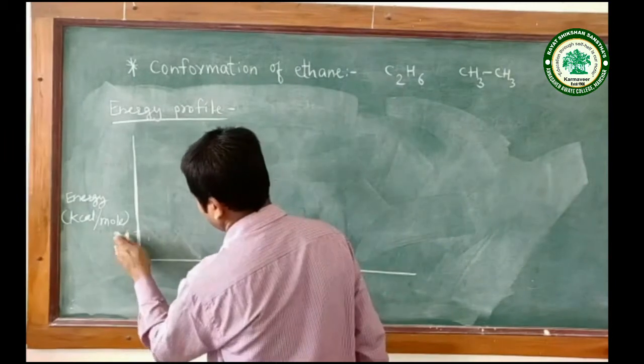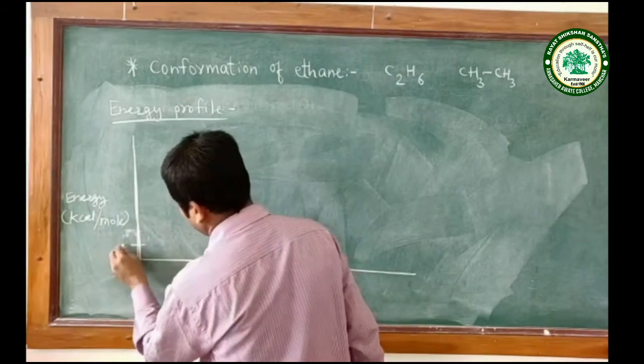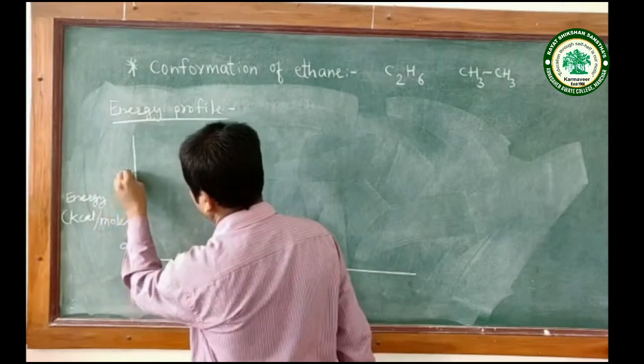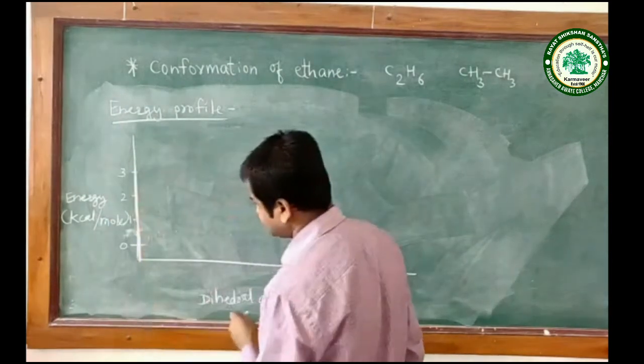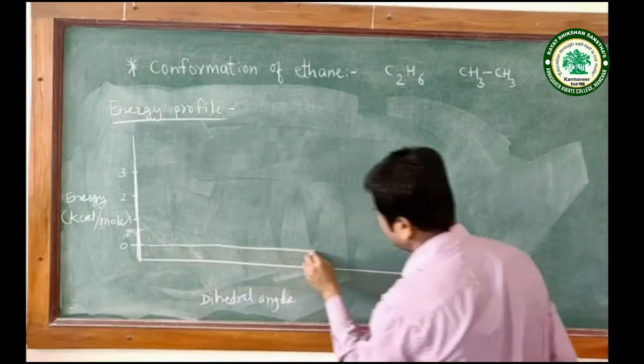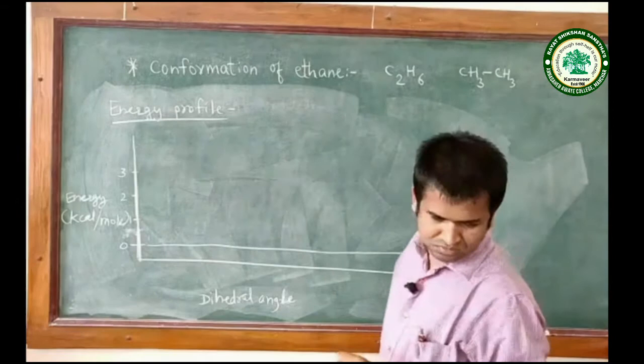Okay, so suppose here we have a 0, here we have 1, 2 and 3. Okay, so I draw an imaginary line here like this.